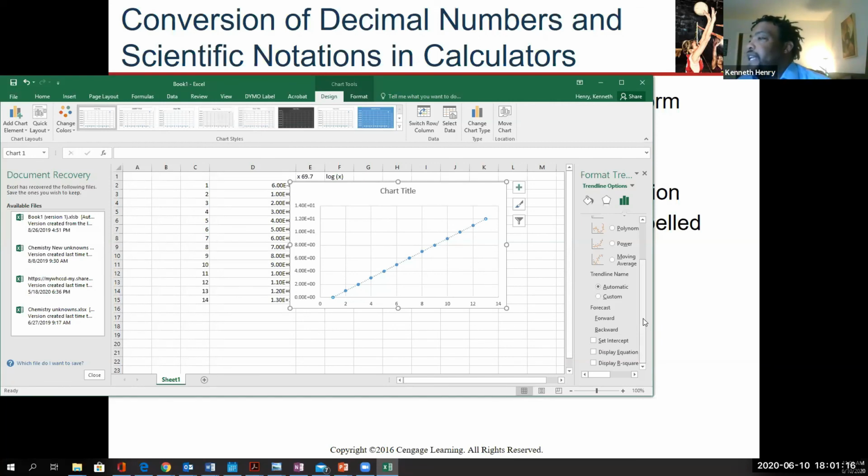And let's say I want to find out the equation for this line and how well this equation fits the line. So what I'm going to do is click these two items here, display equation and display R squared. R squared tells you how good that line fits your data. If it's equal to 1, you are perfect.